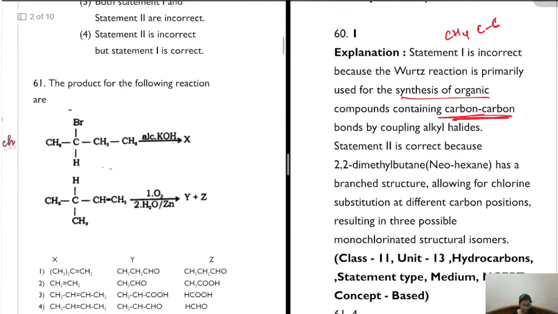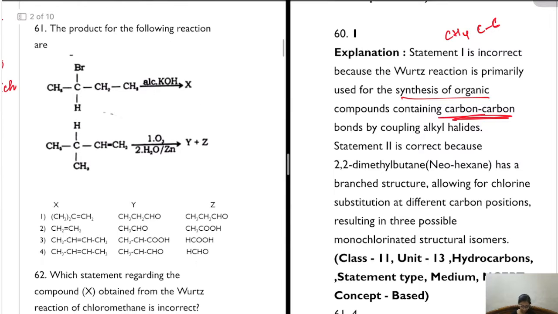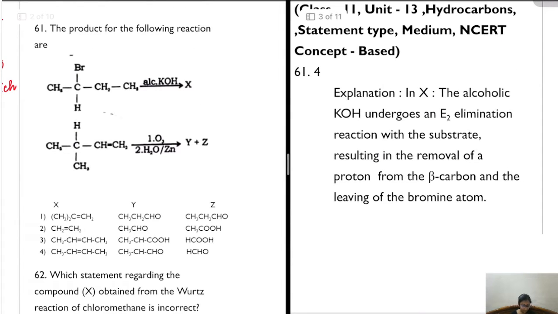Now let's see the next question. The product for the following reaction. The reagent given here is alcoholic KOH, and this is the very famous ozonolysis. When alcoholic KOH is given, what happens? E2 elimination.